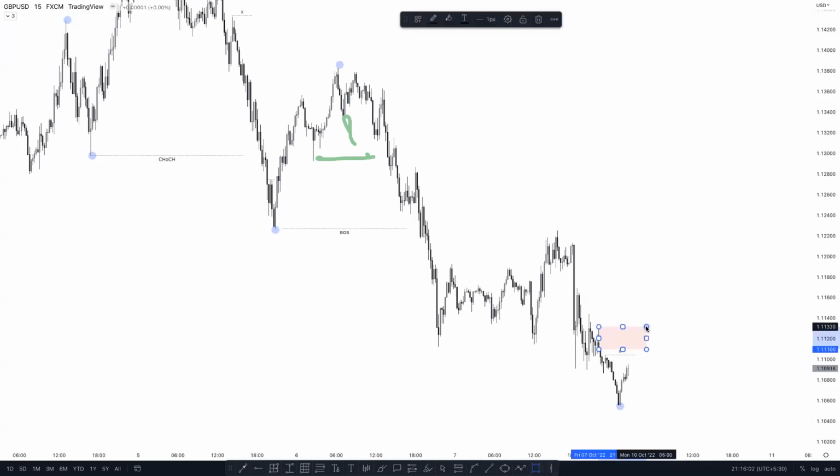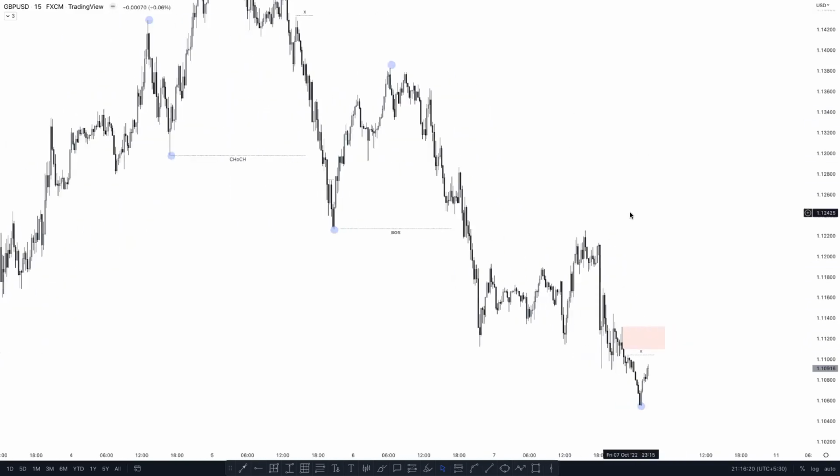First area of interest for sell is here. This one is our decisional. As you know, decisional is our 50-50 chance for a buy or sell. So this one is our first area for the sell, and for the next area for sell, you have to mark the first order flow.